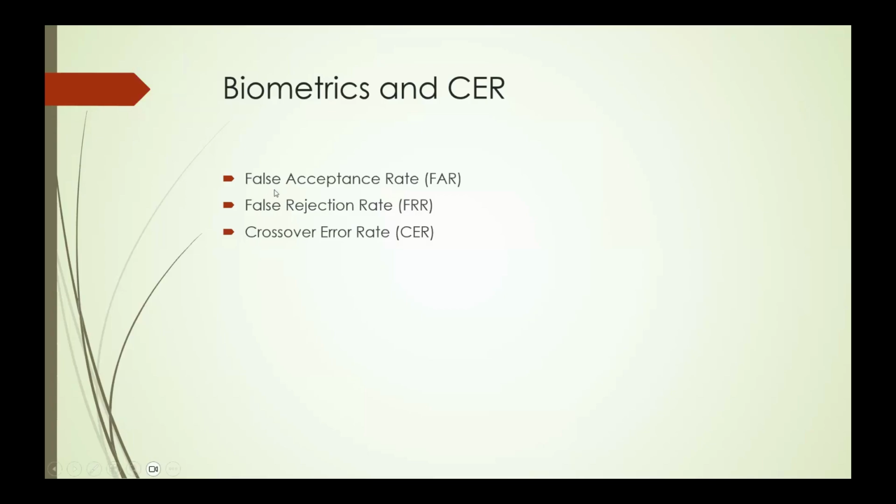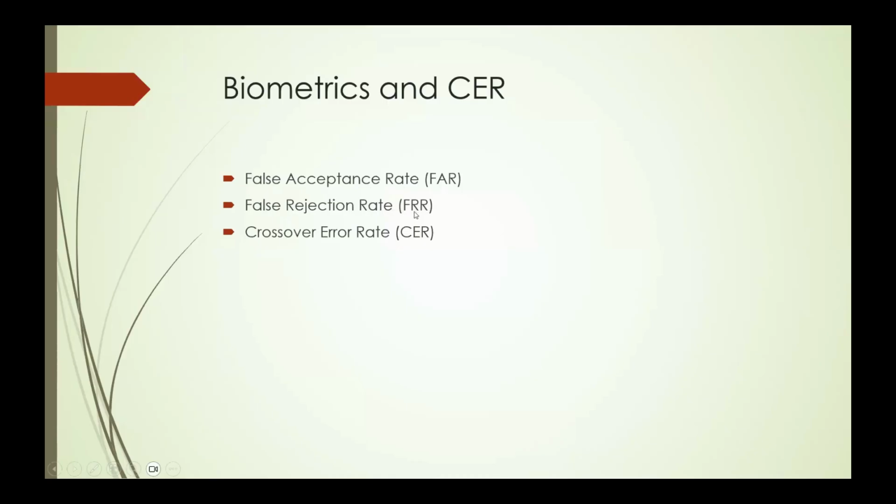First is the false acceptance rate, also called FAR. Unauthorized users can be accepted at times. A higher false acceptance rate means weaker security. Then the false rejection rate, that is FRR.